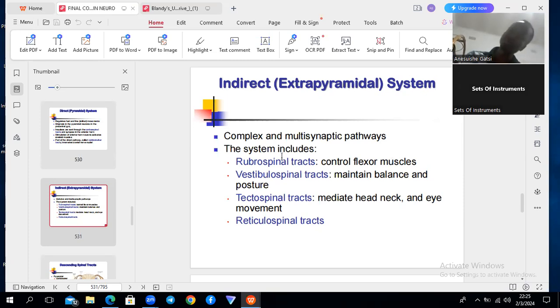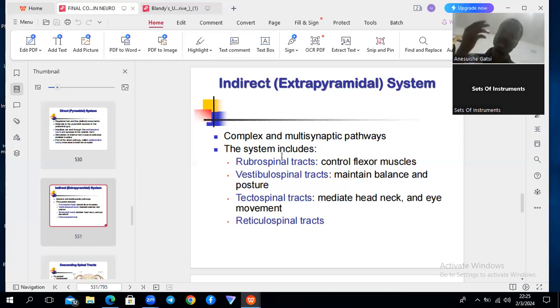Vestibulospinal, you've done ear anatomy and you know the vestibular apparatus in the ear. It's for balance. So we have what we call vestibular nuclei within the brainstem. There are 4 vestibular nuclei. 3 of them are in the medulla, that is the lateral vestibular nucleus, the medial, and the inferior.